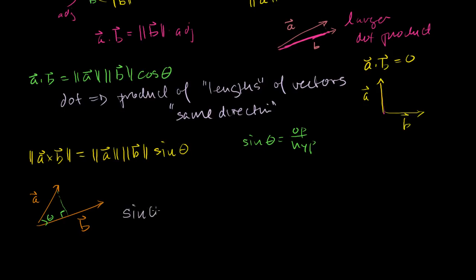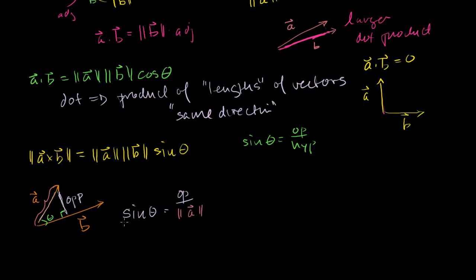It's equal to this side over here. Let me call that just the opposite. It's equal to the opposite side over the hypotenuse. So the hypotenuse is the length of this vector A right there. It's the length of this vector A.